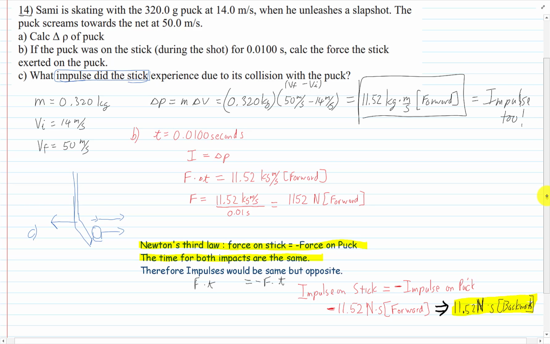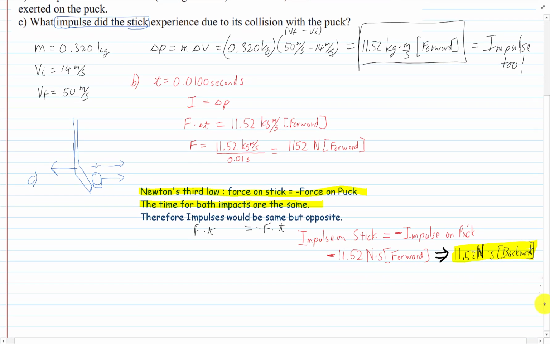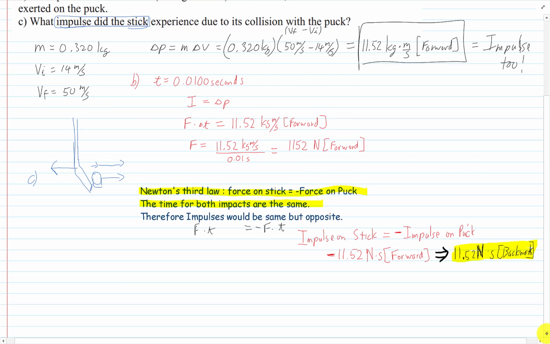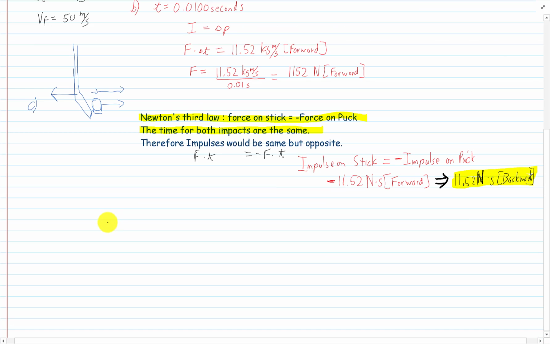But the way to do it, if you were not going to use Newton's laws, is use the conservation of momentum. The momentum before has to equal the momentum after the collision.